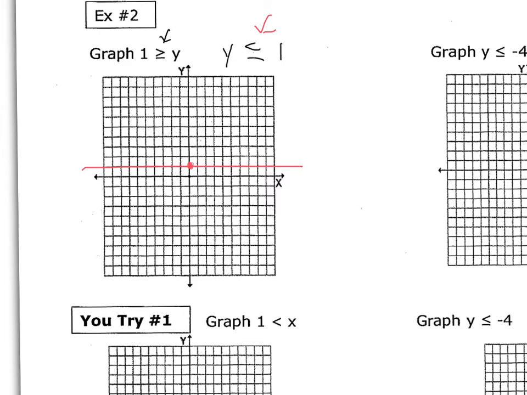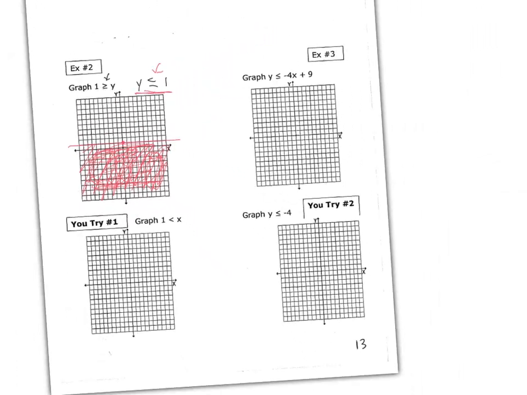It says we want all of the y values that are less than or equal to that line, so we shade all the values underneath. All of these ordered pairs would make this inequality true. That's just our first example. We'll try a few more here.